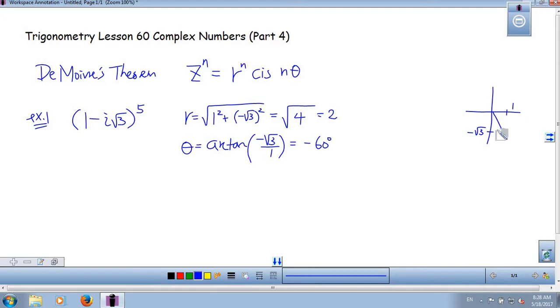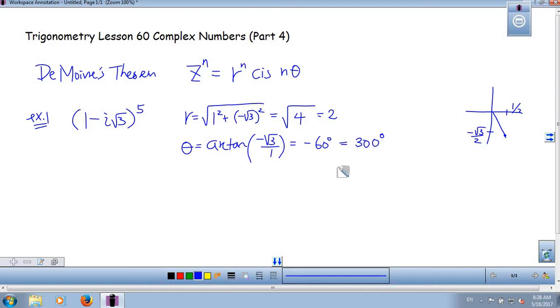So negative 60 degrees can be written as a coterminal angle by adding 360 degrees, which is equivalent to 300 degrees.